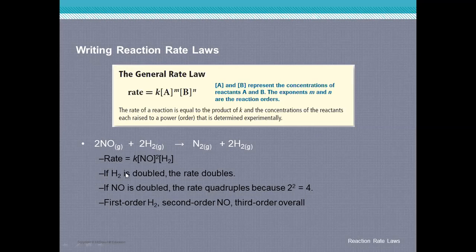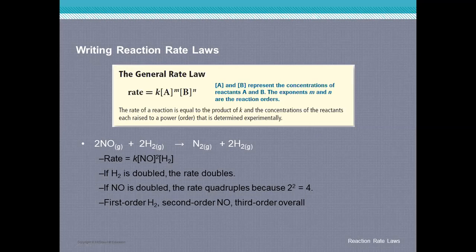K is the rate constant of the chemical reaction.